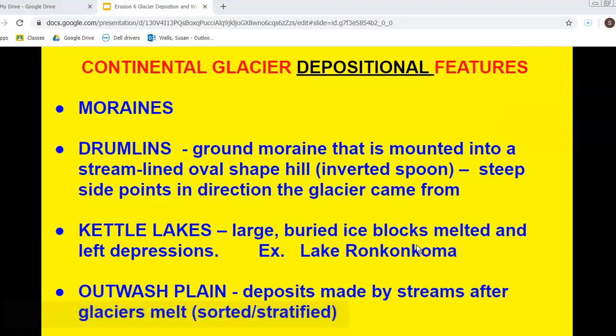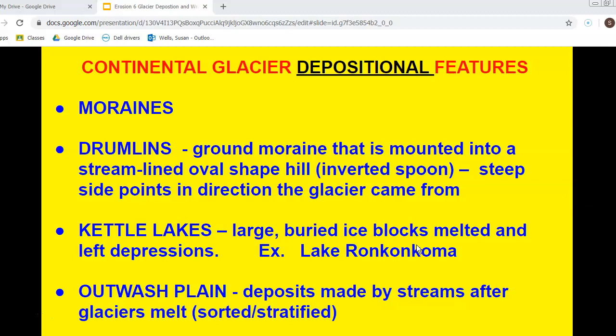We are going to talk now about some of the depositional features. Moraines you're familiar with. Drumlins, I'm going to show you some pictures of them, but it's typically a shape that's almost oval, like an inverted spoon, and the steep side points in the direction from which the glacier came. We're going to be talking about kettle lakes.